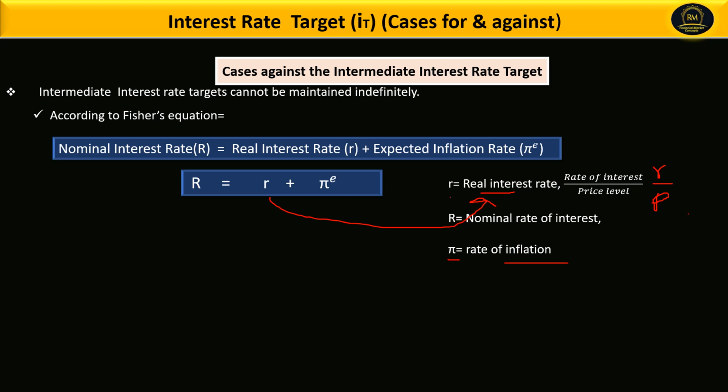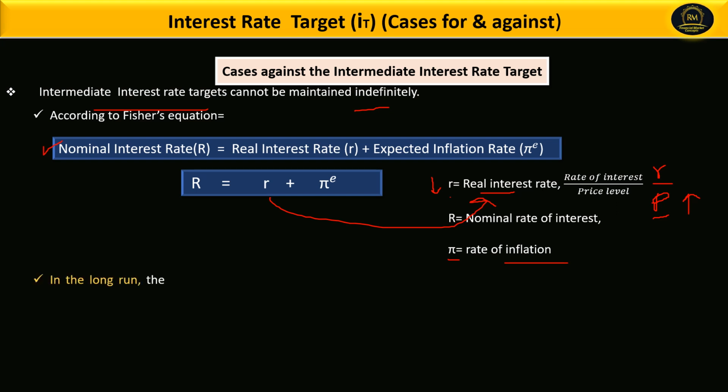So if the inflation increases, price level in the economy is increasing, this is going to reduce the value of real interest rate, and that in turn affects the nominal interest rate. So if there is a continuous increase in price level, how can we rely on the intermediate interest rate target for an indefinite period of time?